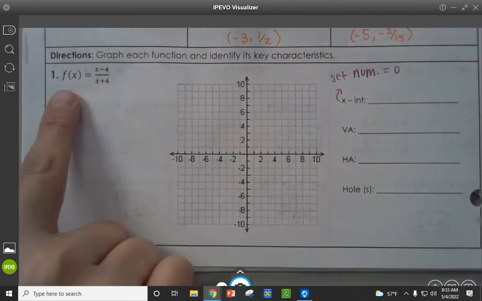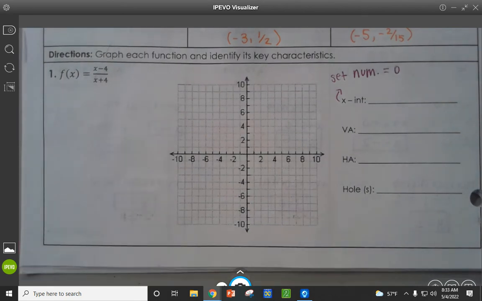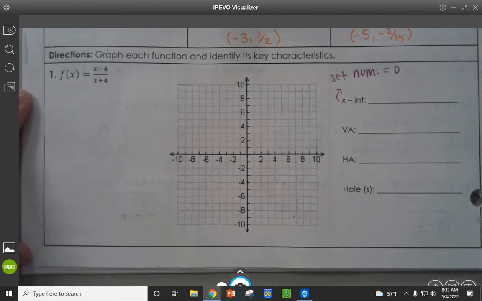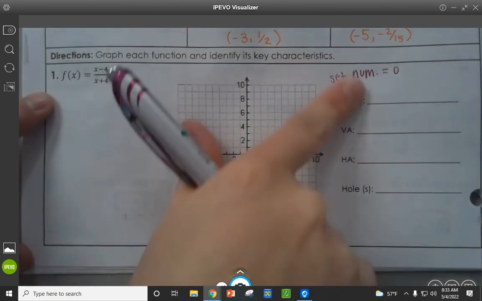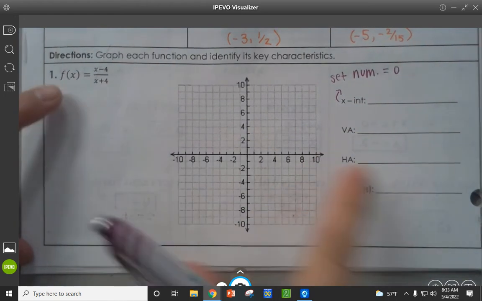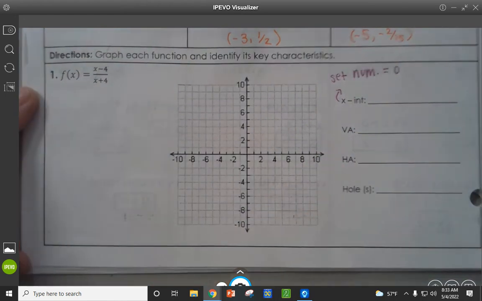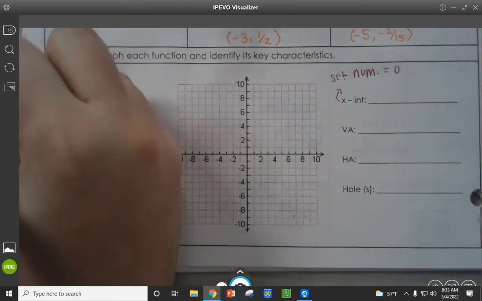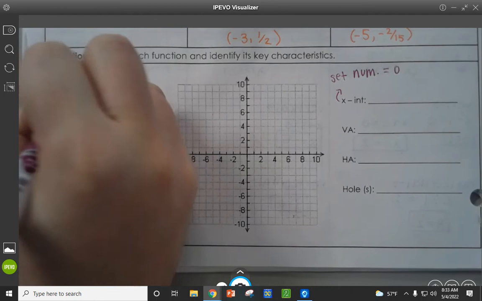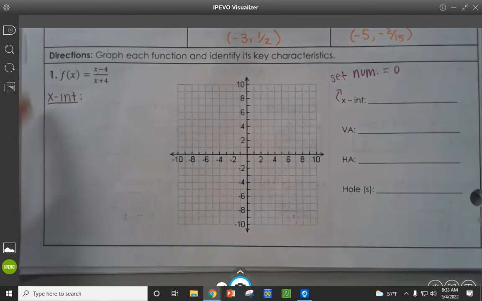So number 1, f of x equals x minus 4 over x plus 4. And we're going to find all of these things first, and then we're going to look at the graph and try to graph it on our paper. So X-intercepts, I'm going to do first. Now this is completely simplified.